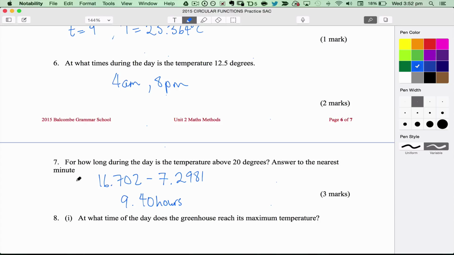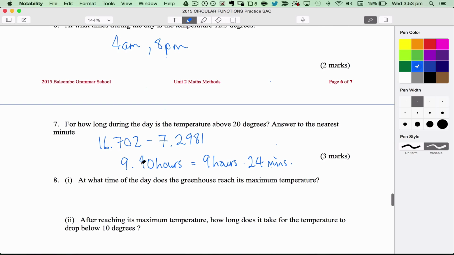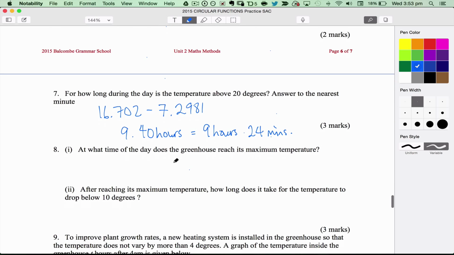It says answer to the nearest minute, so we need to convert that into 9 hours and 24 minutes. It's 0.4 of 60 to work out the 24.